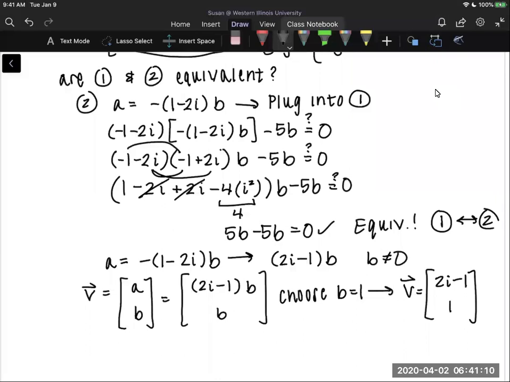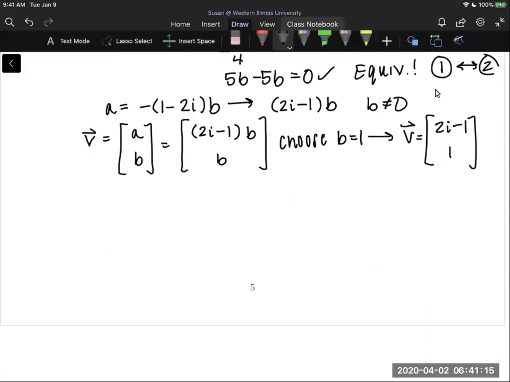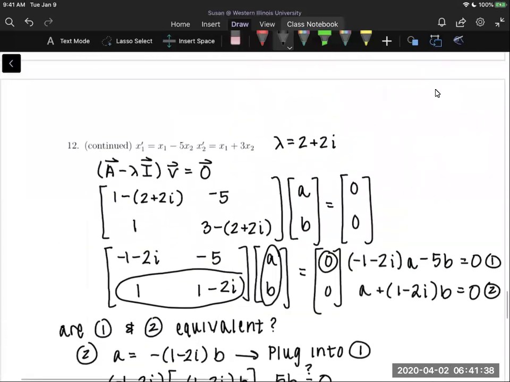From here on out, what we need to do is just set up the equation for the solution. So what are we going to get here? We're going to take x of t equals v e to the lambda t. Replacing my v here, I have this complex vector 2i minus 1, 1. And then e to the lambda t. Remember what our lambda was. We have to go all the way back up here.